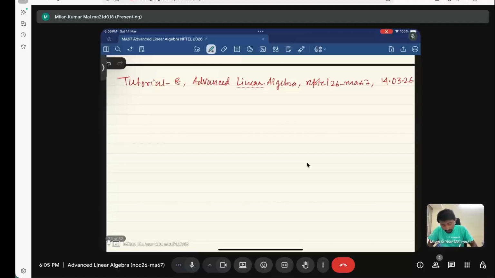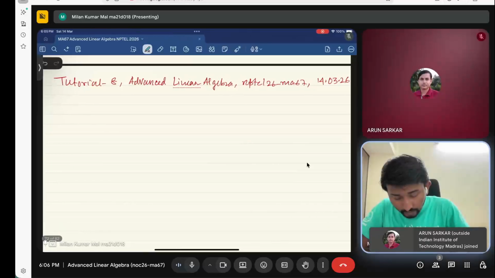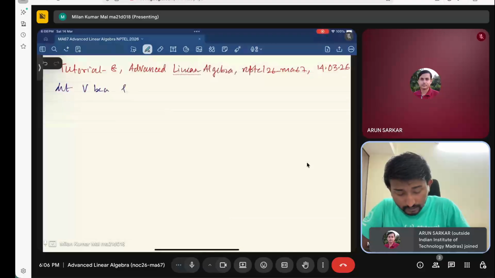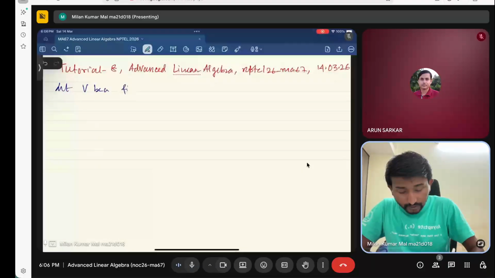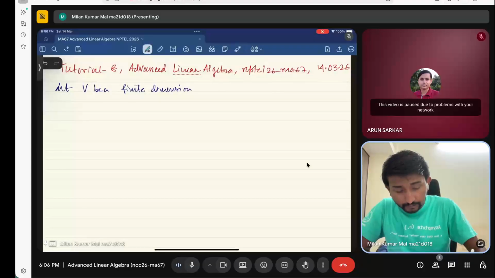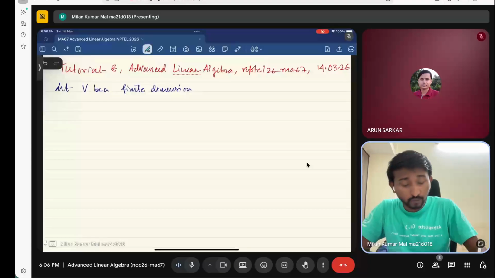Let V be a finite dimensional vector space over a field F, which is most of the time either real numbers or complex numbers.